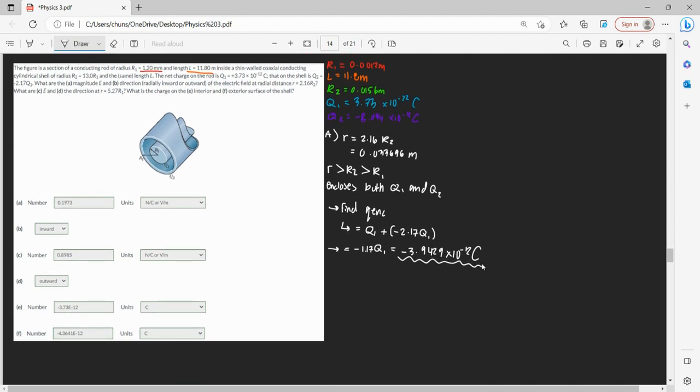So that is our right side of the equation done. And then our left side, okay, so what do we know about our geometry for this?